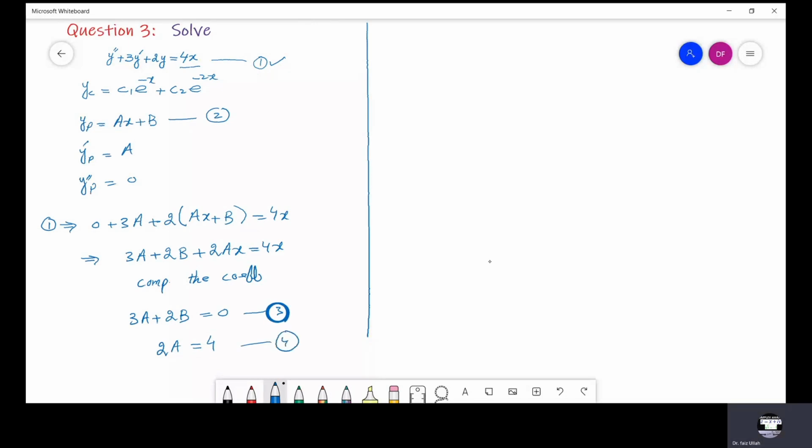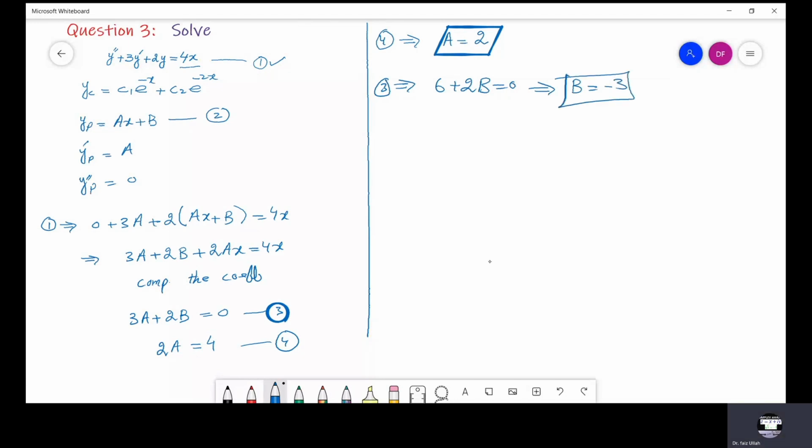Now from 4 we can get the value of a, which is equal to 2, and from 3 we can put a is equal to 2, so we have 6 plus 2b is equal to 0, which gives b is equal to minus 3.